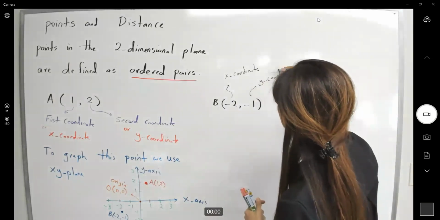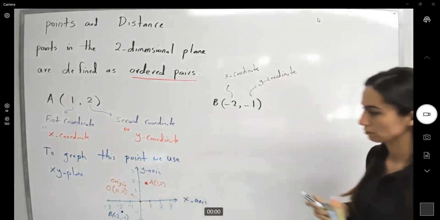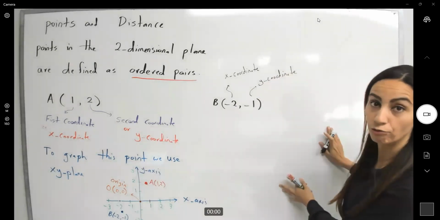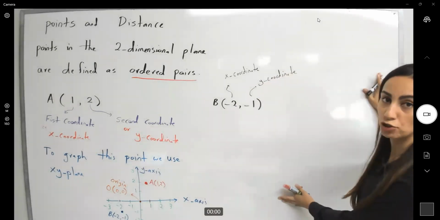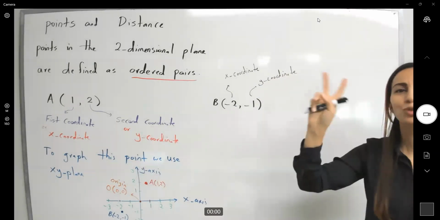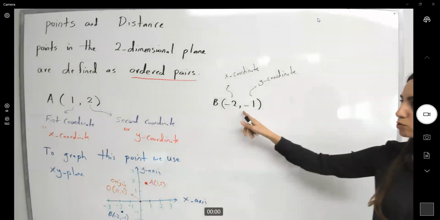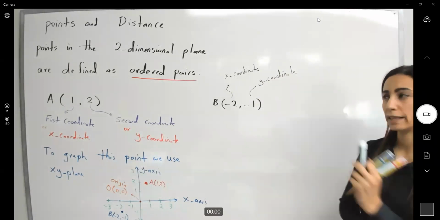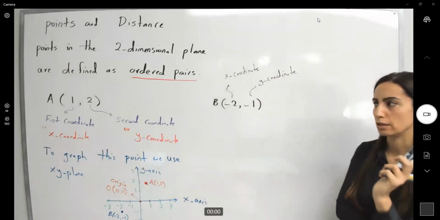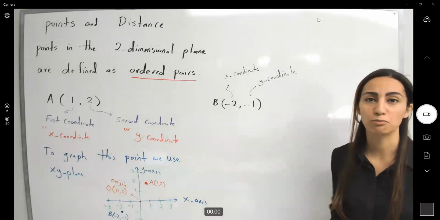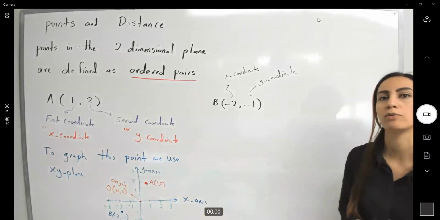So I'm just giving you 2 points in the plane. This is my whiteboard and this is my 2-dimensional board. It's not 3D. It only has 2 dimensions. I gave you 2 points, point A and point B. Well, the next question you should be asking is, what should I do with these 2 points? I can see these points in the XY plane.